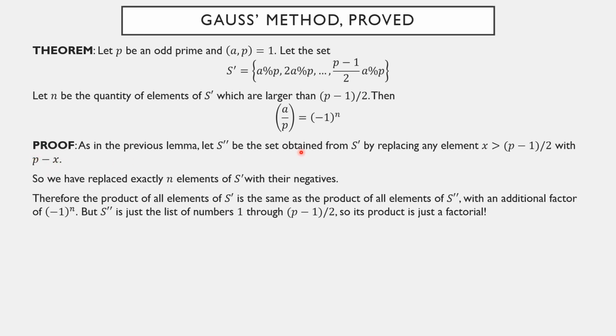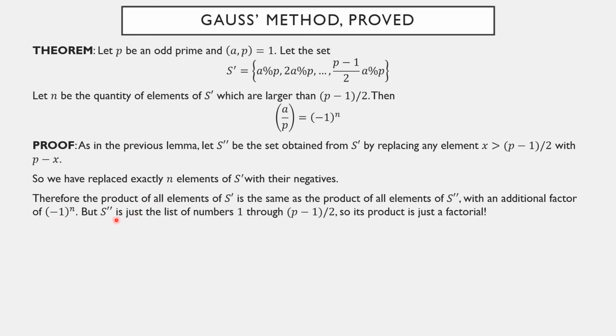So how many things in s prime got replaced with their negatives? n of them. So when I multiply everything in s prime versus s double prime, I get the same values, but in s double prime, I have a bunch of negatives. I have n different negatives introduced. So s double prime and s prime are the same product up to this additional factor of (-1)^n.